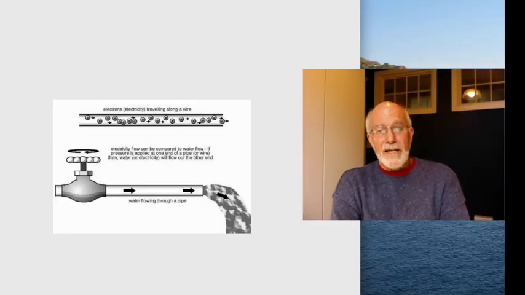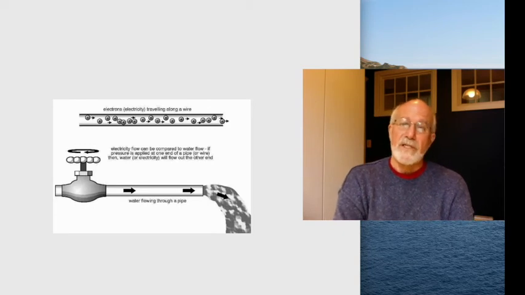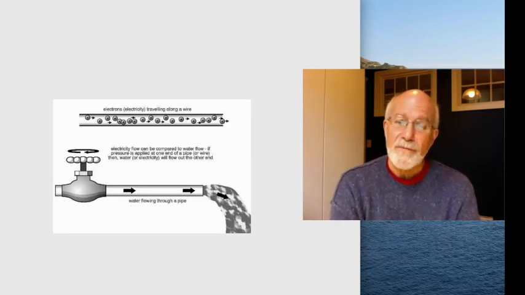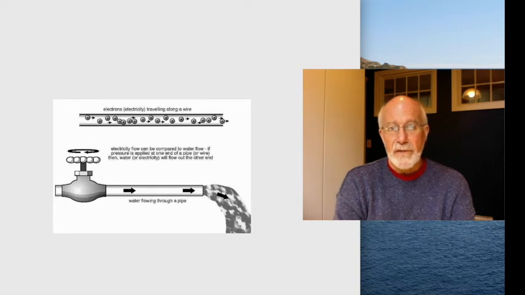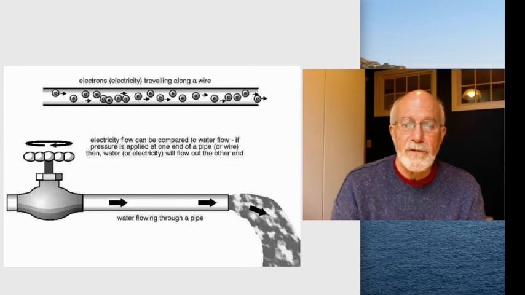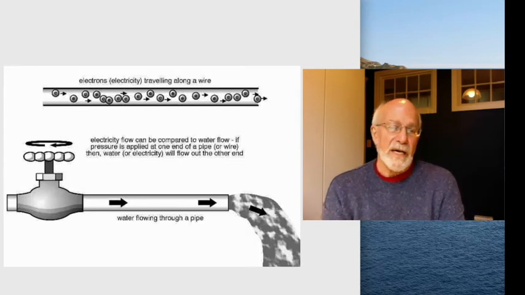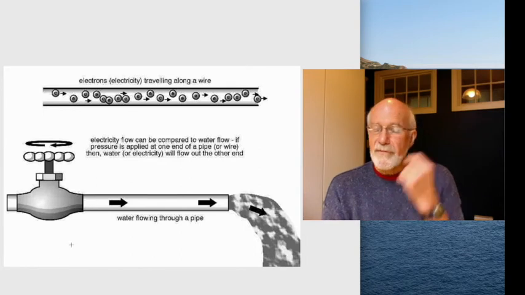the common analogy for electrical current, which is exactly that, it's an analogy, but it's a way of understanding it. The analogy that's often used is it's like water flowing through a pipe, okay? And you would have three things.